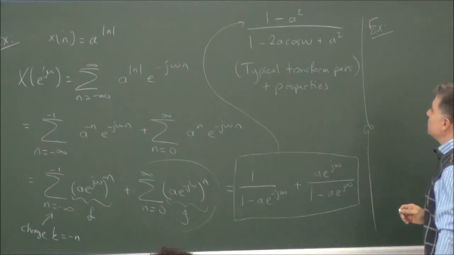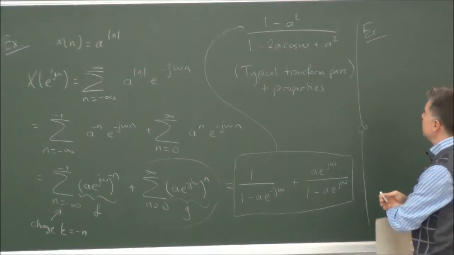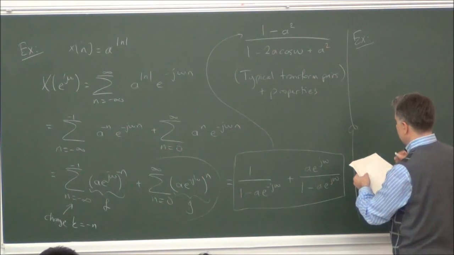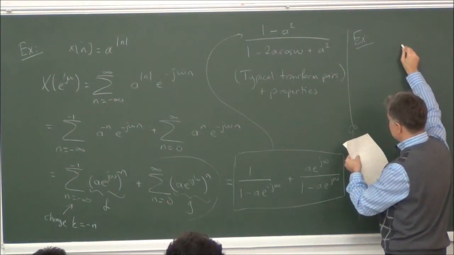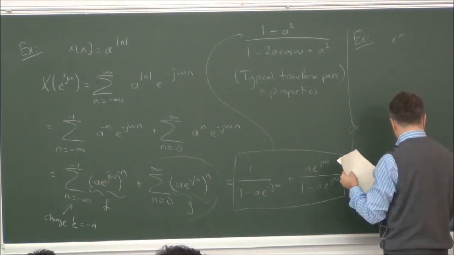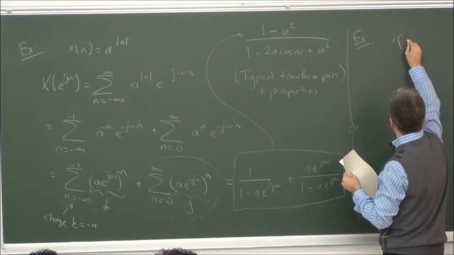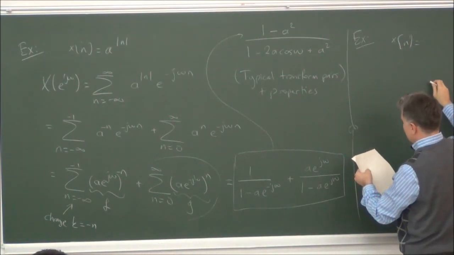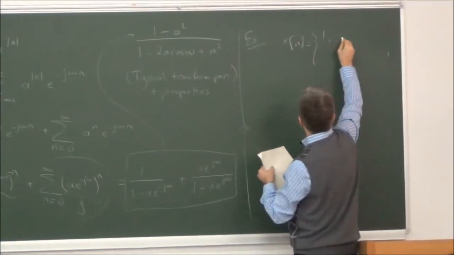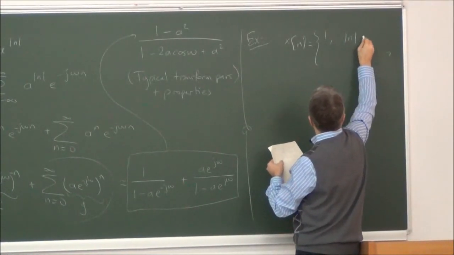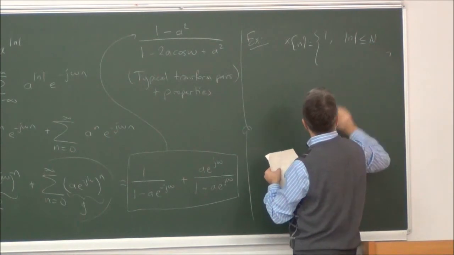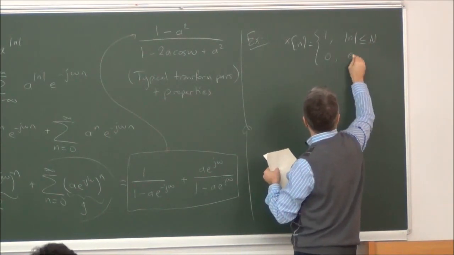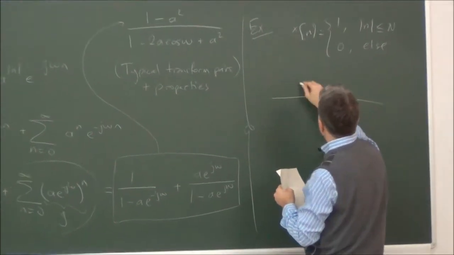Another example which also exists in typical transform pairs is a rectangular pulse, x of n is equal to 1 for magnitude n less than or equal to capital N, and 0 else. So what is that?